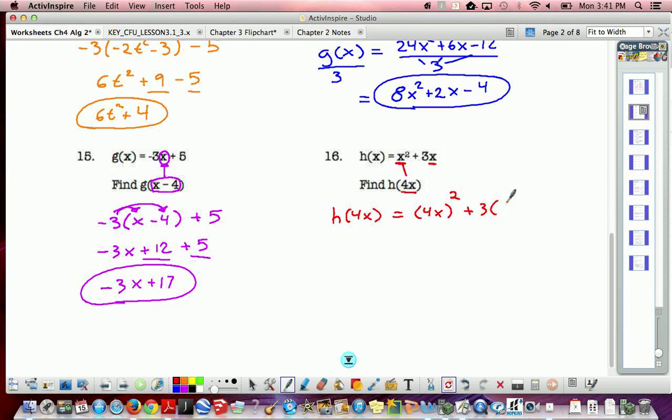When I'm squaring here, I'm not only squaring the x, but I'm also squaring the 4. So I need to go 4 squared x squared. 4 squared is 16. X squared is just x squared. Plus 3 times 4 times x. 3 times 4 is 12x. And I have my solution.